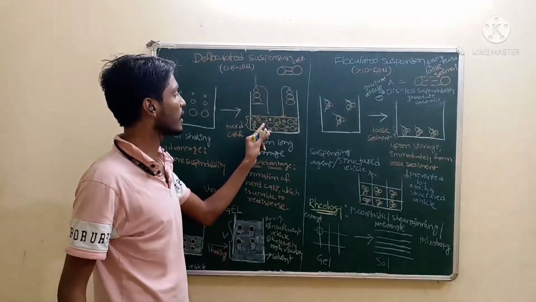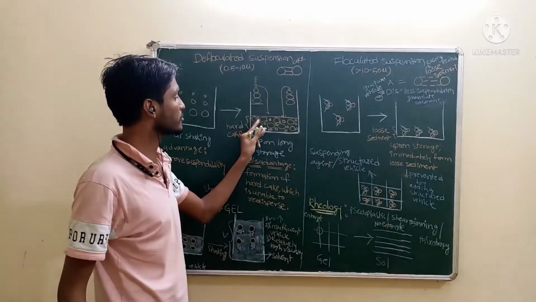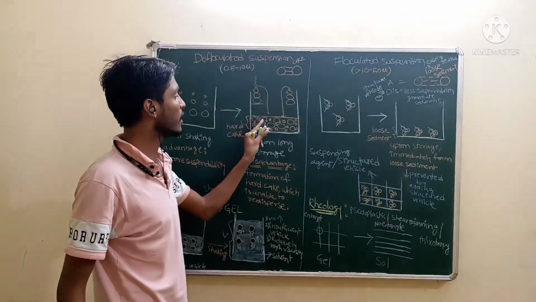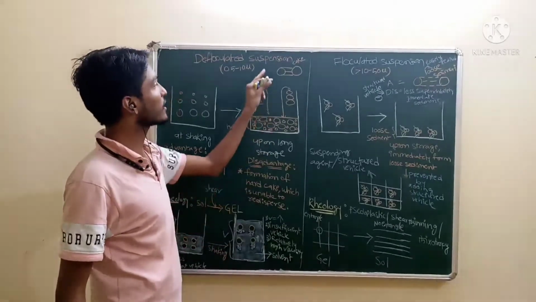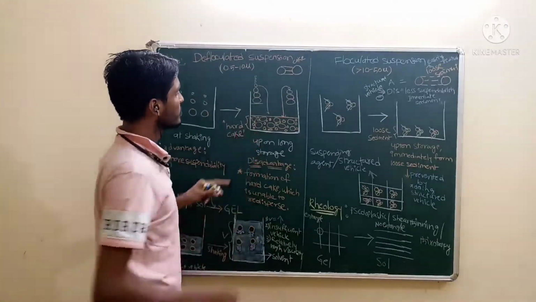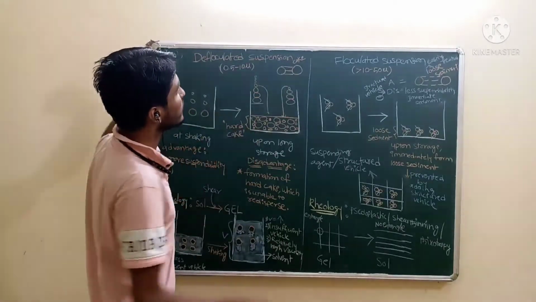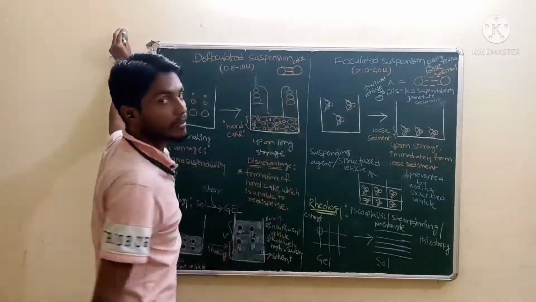Small particles accumulate in the space between the two large particles, leading to the formation of a strong cake. Strong cake means hard cake. Here the interaction between the particles is like this. A strong hard cake will be formed.